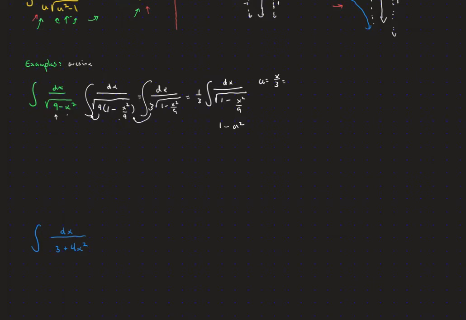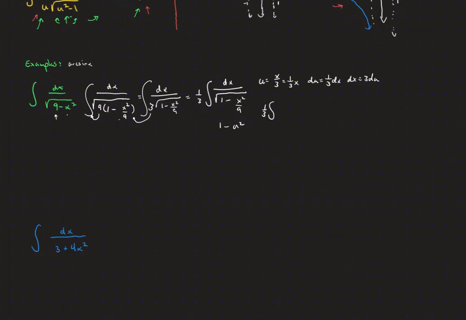Now we are thinking of that as a 1/3 times x, which it is. So that means du will be 1/3 dx, and that means that dx will be 3 du. So our integral now is going to look like the 1/3 we pulled out.